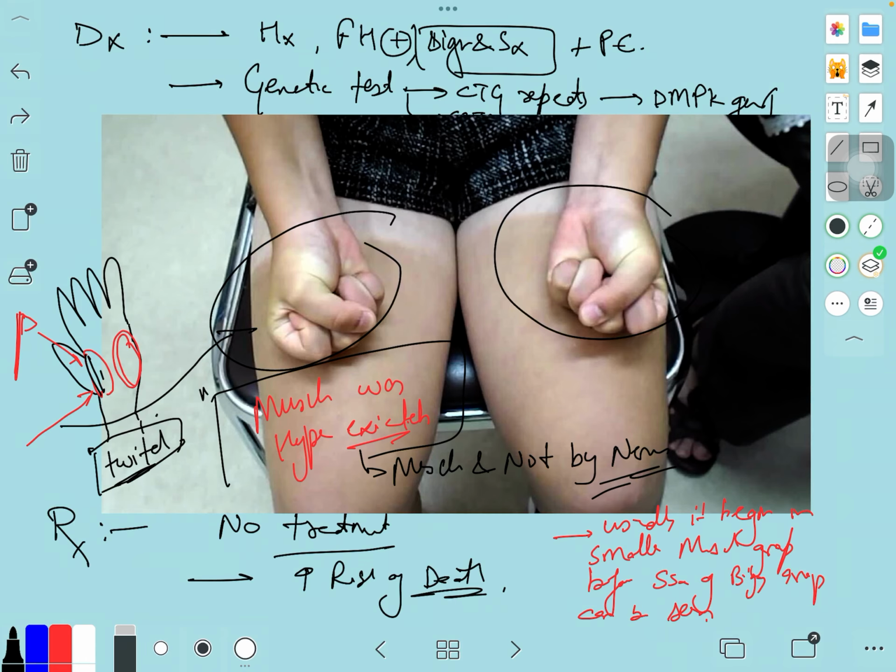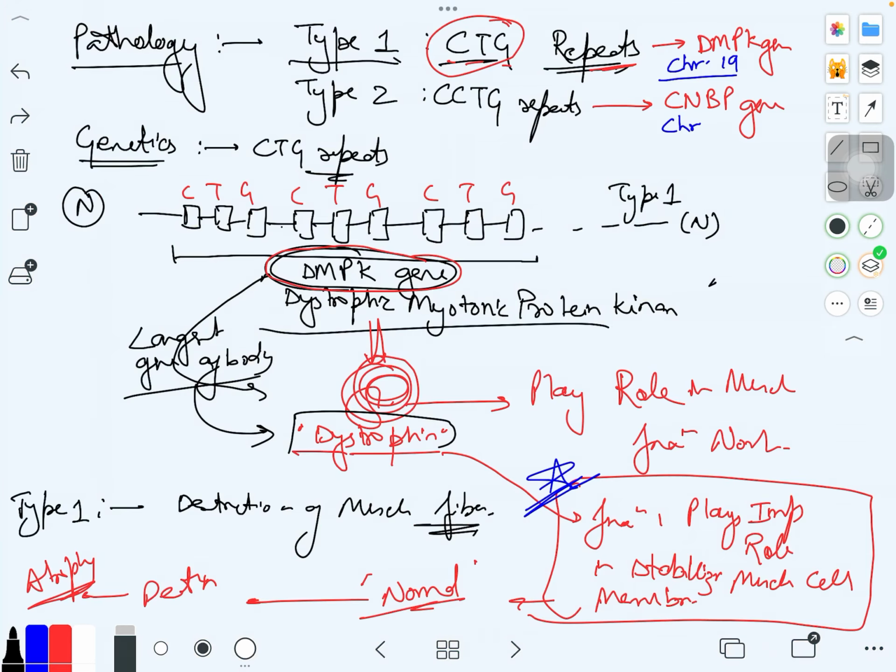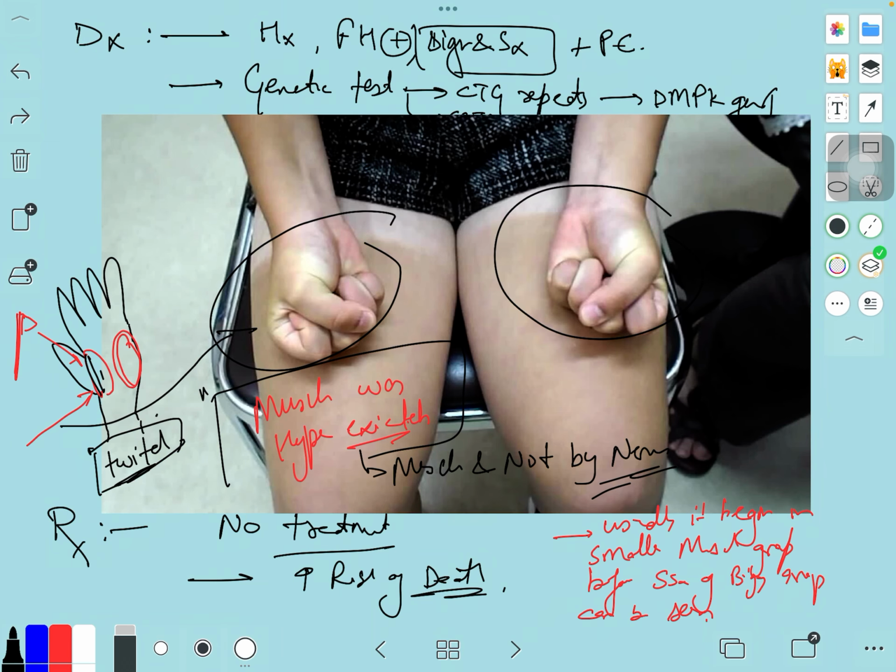If you tap somewhere else, or the person contracts some muscle, that muscle will stay in that phase for a longer period of time, resulting in weakness, degeneration, tiredness, and so on. We already discussed all the different types of signs and symptoms. So that's all about myotonic dystrophy.